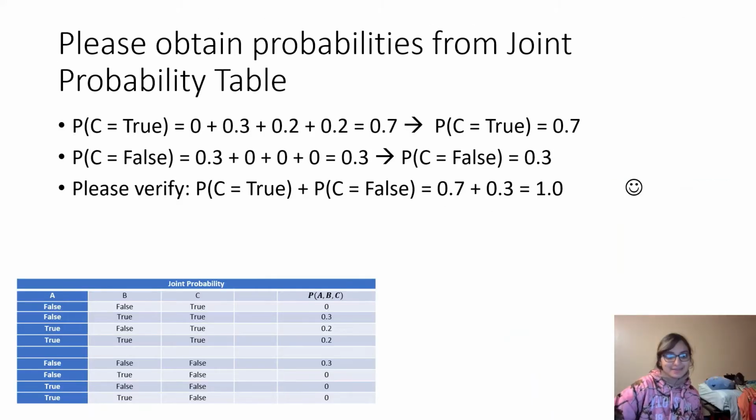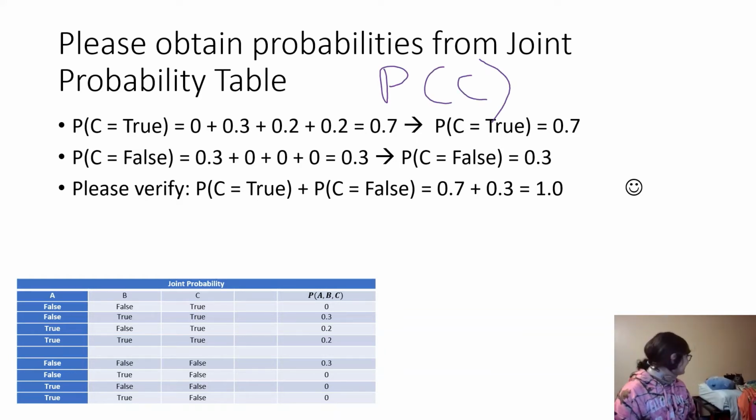So then what we need to do is obtain the probabilities from the joint probability table. What we're going to first focus on is the probability of C values that we need, because as you can see, pun intended, we do use C a lot. So we need to find the probability that C is true. You can see from this joint probability table that I've pieced together, I have the C values here and then the true and the false values here.